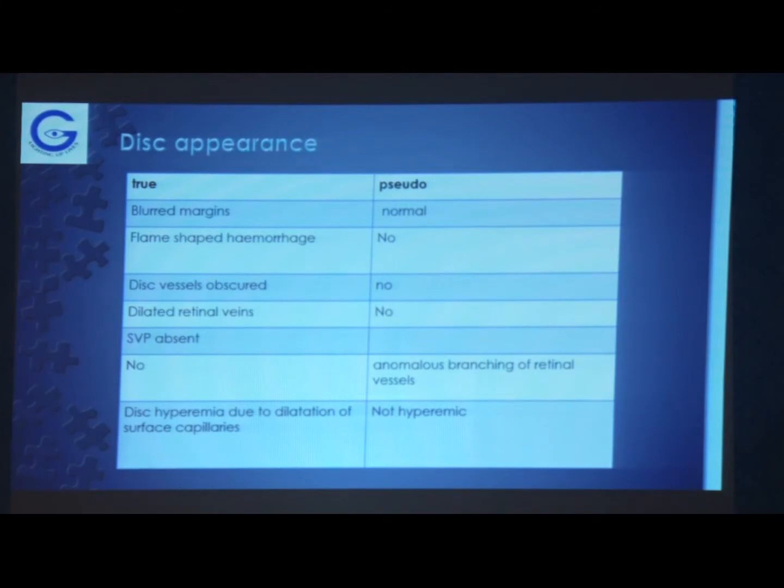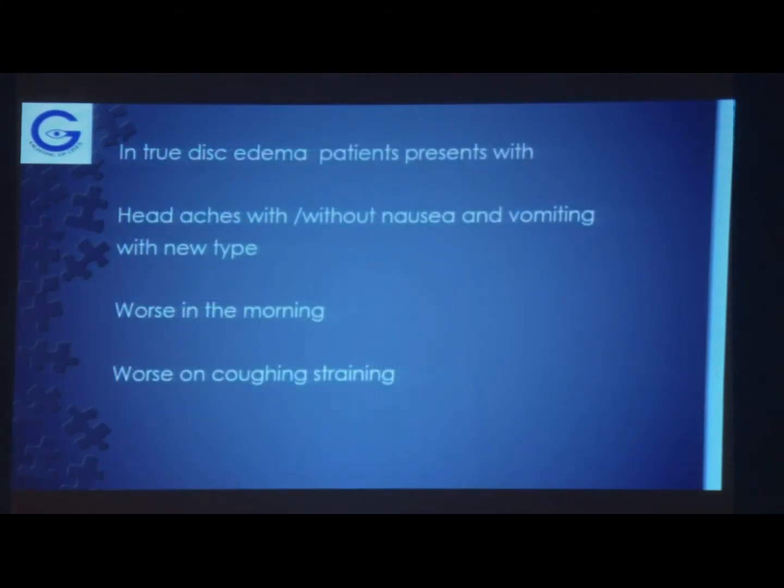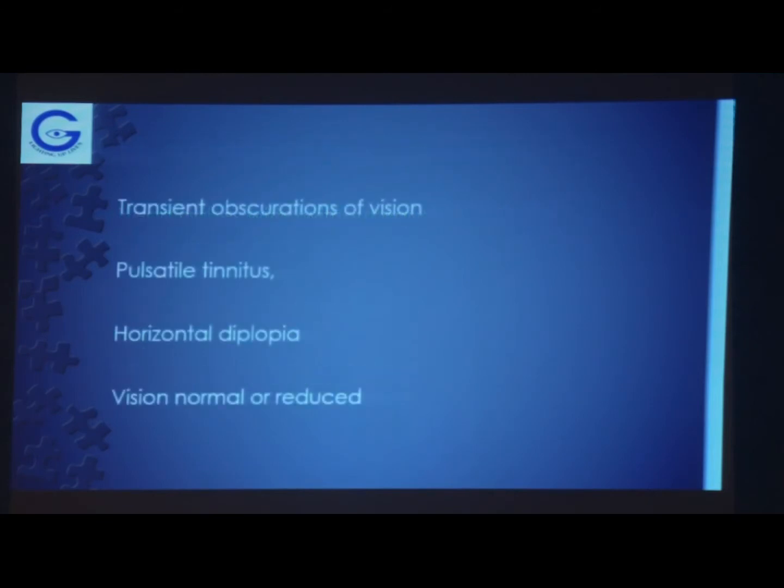So these are the differences between the pseudo and true disc edema. So in a true disc edema, patients present with headache with or without nausea and vomiting, with a new onset headache, which is worse in the morning, worse on coughing and sneezing, and with transient obscuration of vision, pulsatile tinnitus, horizontal diplopia, vision may be reduced or normal.